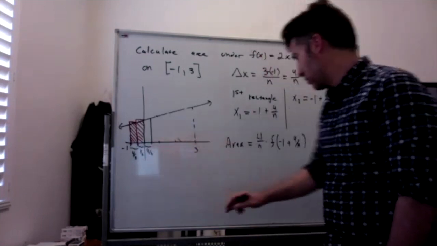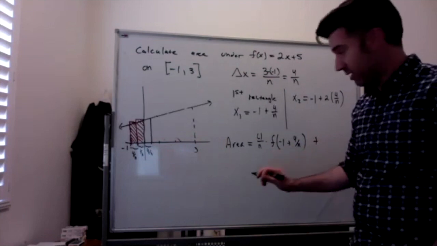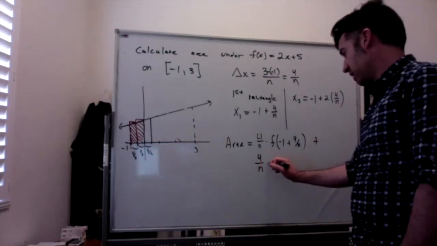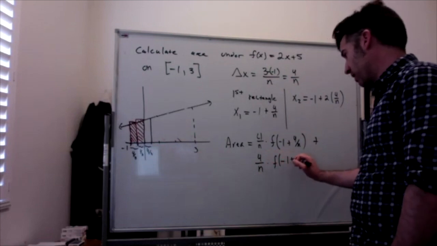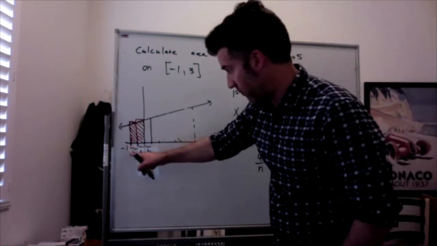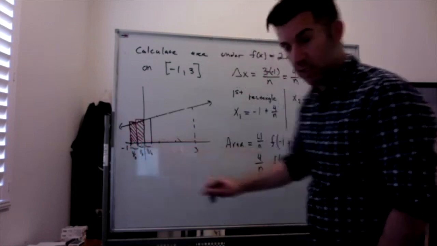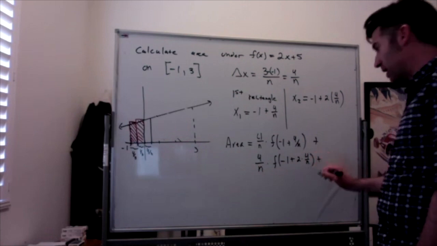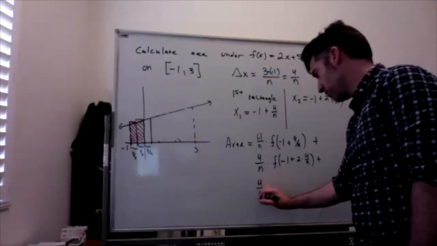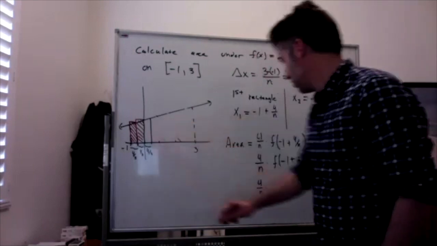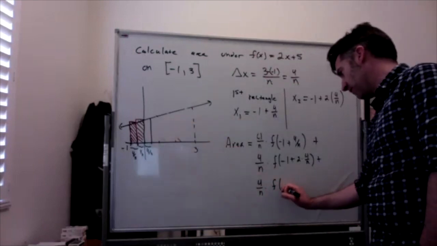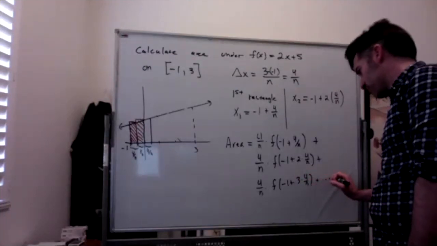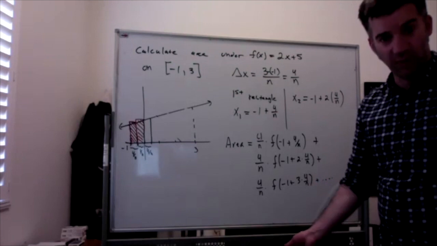Then the next rectangle is going to be a base of 4/n times the height of f of -1 plus, well, I started at -1, now I've added 4/n twice. Plus, do it again, 4/n times f of -1 plus 3 times 4/n for the next rectangle. So that's the idea. That's how we're approximating the area.